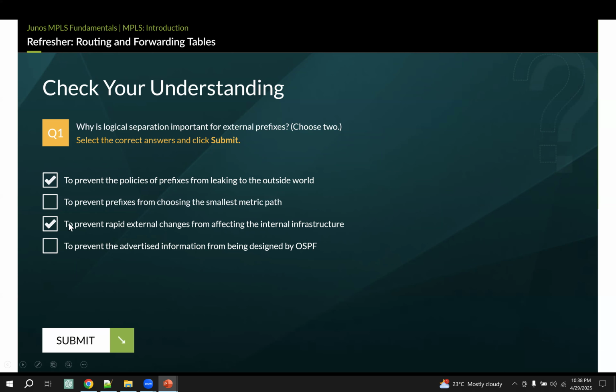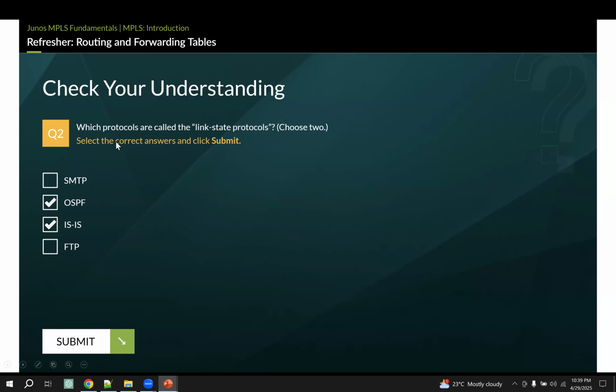Another reason is to prevent rapid external changes from affecting the internal infrastructure. So we should take extra care of external prefixes. If external prefixes are leaked, you or your company will get into trouble. So that is very important.